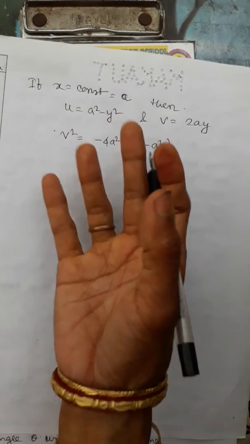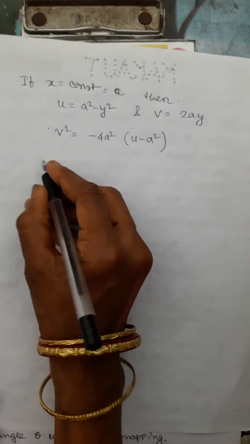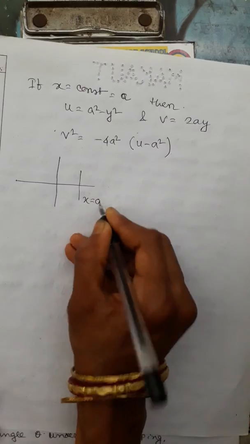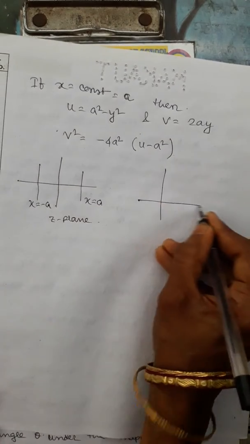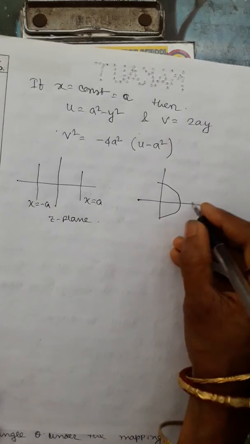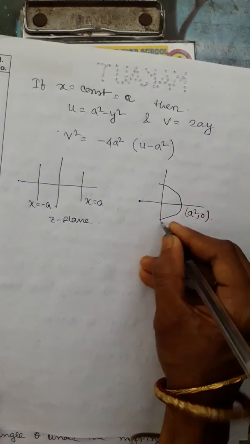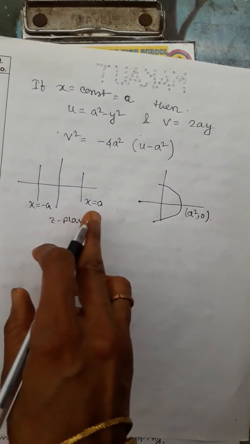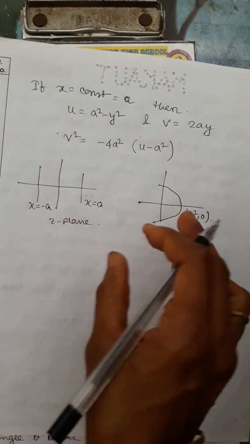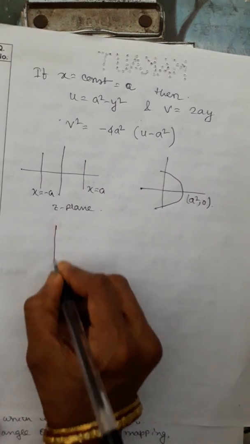Okay, and if we take a strip between the lines, so this is for x = a and this is for x = −a. This is for the z plane and the w plane, this is the parabola. And if we consider the strip, that means the lines x = a and x = b, then the figure will also be of this type.